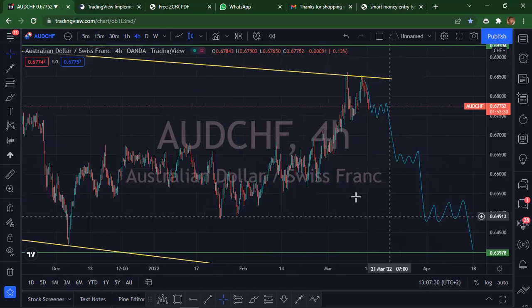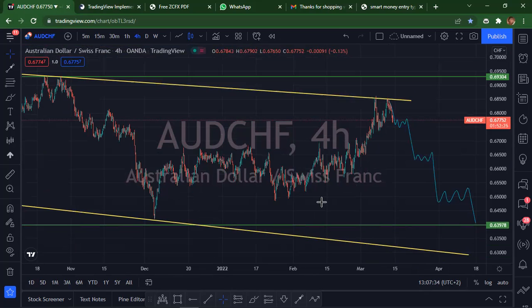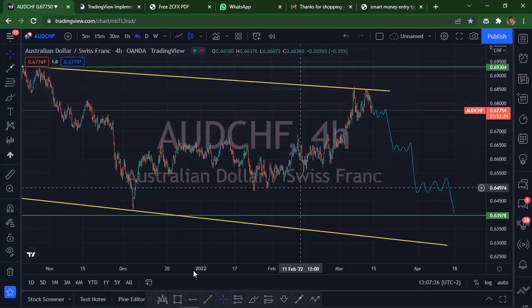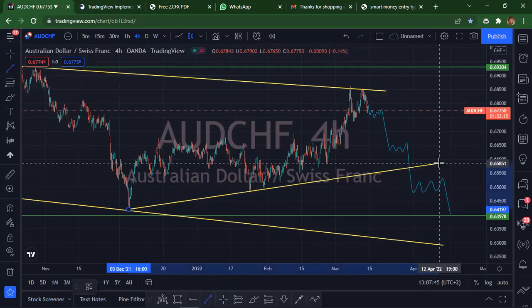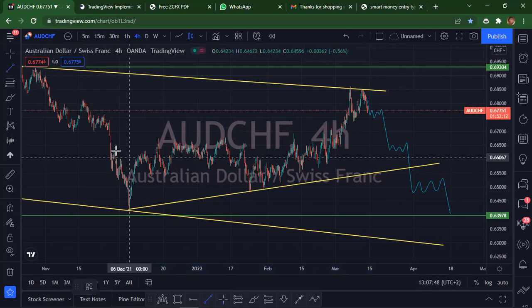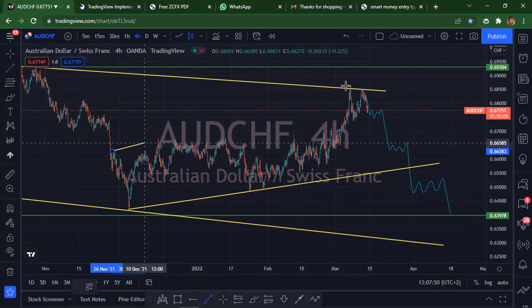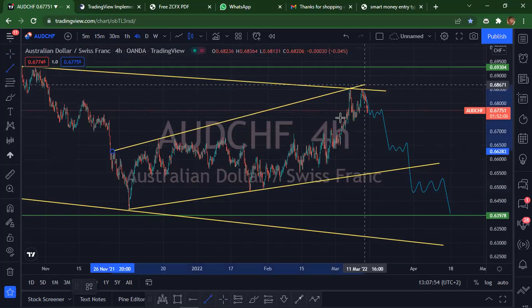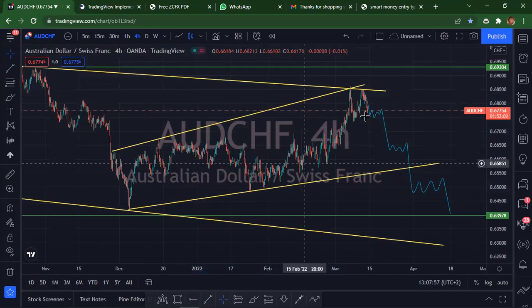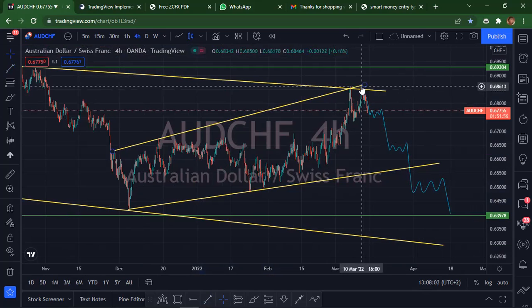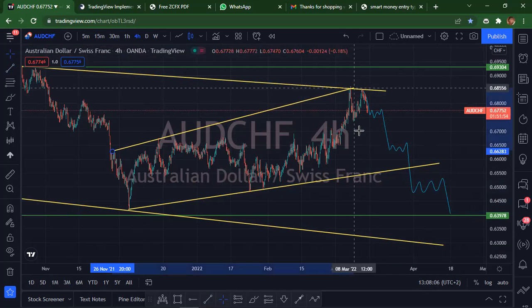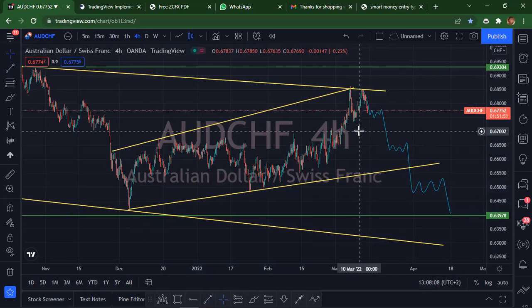You must be able to read the candles, the candlestick patterns and the patterns themselves. We also get something like this. So this is a 1, 2, 3 touch, and this adds to our directional bias that the market could go down.